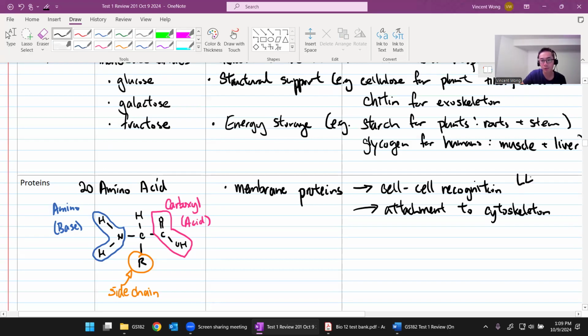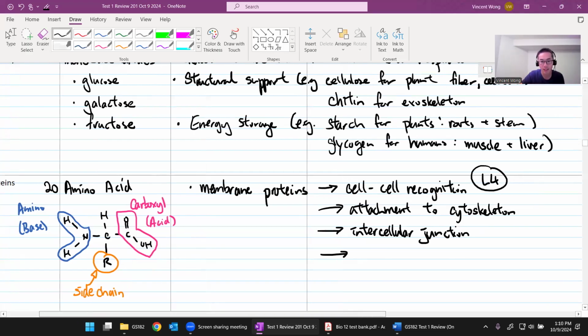Okay, this is lecture 4, okay? They are able to do intercellular junction. Like they staple cells together, so there's no gap between them, right? We don't want food to be leaking between the cells in the intestine, for example.